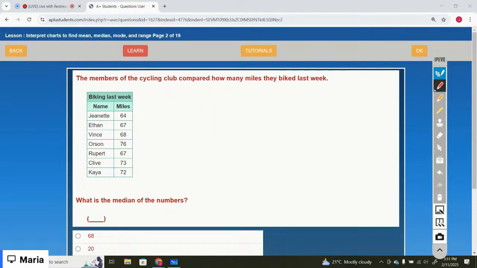Whenever you have to calculate the median, you need to arrange all the given numbers from least to greatest. Let's arrange them: 64, 67, 67, 68, 72, 73, and 76. 1, 2, 3, 4, 5, 6, 7.